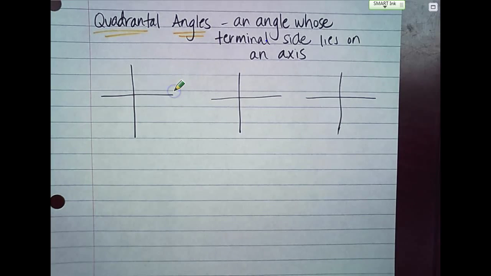If you just look at this, 1, 2, 3, 4. There are 4 stops, so it's like breaking your circle into 4 pieces. If your angle lands on an axis, one of those 4 major stops, it is called a quadrantal angle. It has a special name, in other words. If you land on 90, 180, 270, or back to 360, it can be closed, a complete circle.